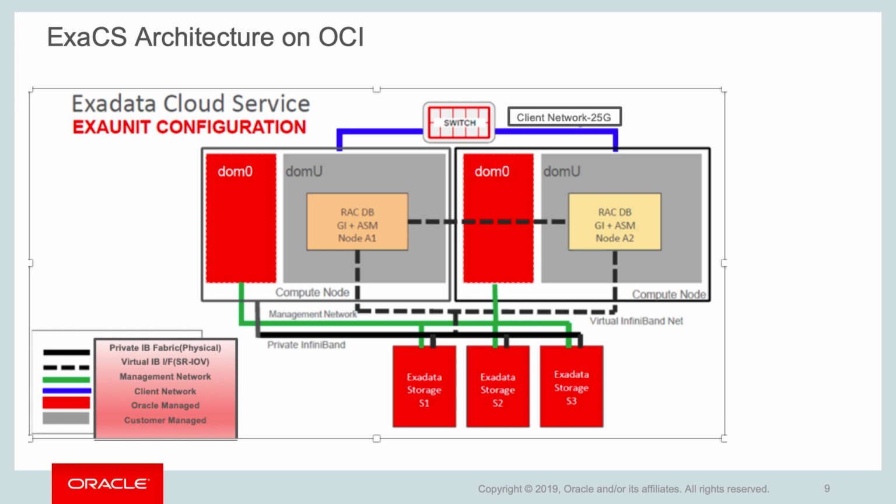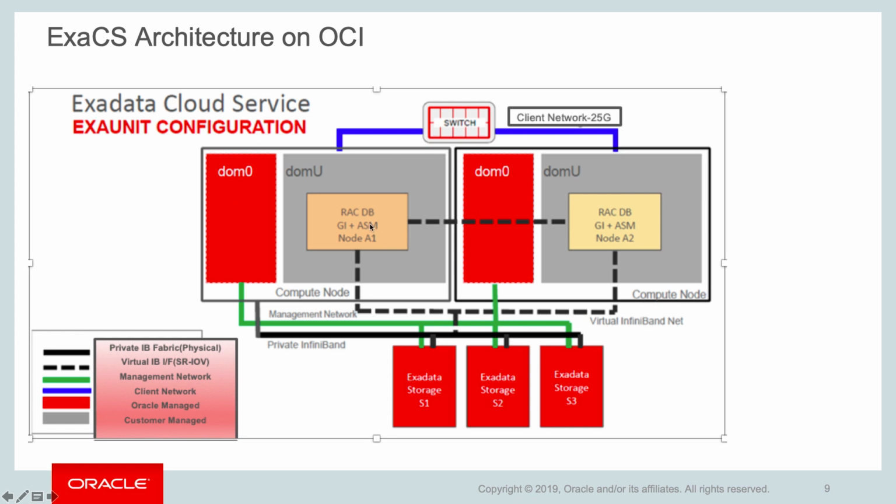Oracle manages the hardware, firmware, and Dom0 by using the Integrated Lights Out Manager, ILOM, and Dom0 management network interfaces. Customers have no access to these interfaces. Minimal resources are allocated to Dom0, only 2 CPU cores and 16 GB of RAM on each of the physical hosts.